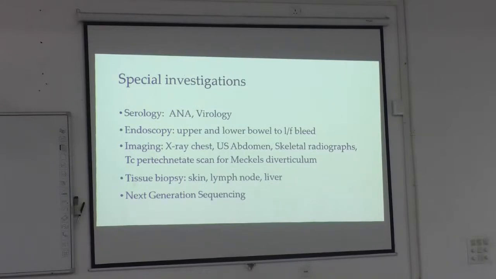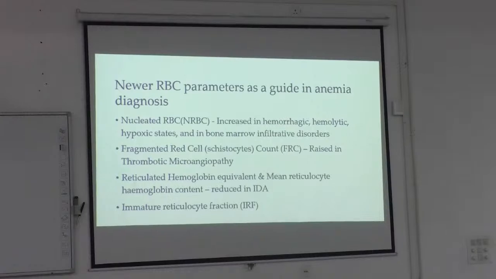Endoscopy may be needed if you think of chronic GI blood loss, say colonoscopy or upper GI endoscopy, whatever might be. Imaging, well, US abdomen, skeletal radiographs are needed for Fanconi's anemia and these things, malnutrition. Tissue biopsy needed for conditions, and NGS at the very late stage.